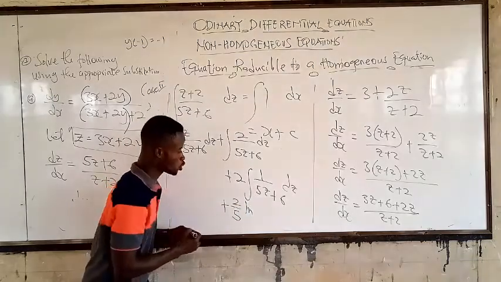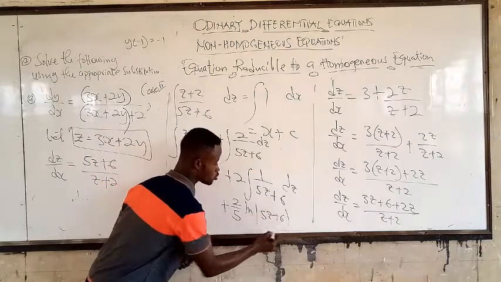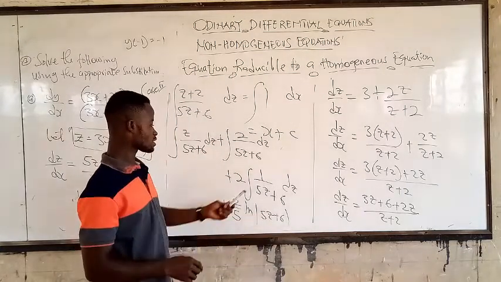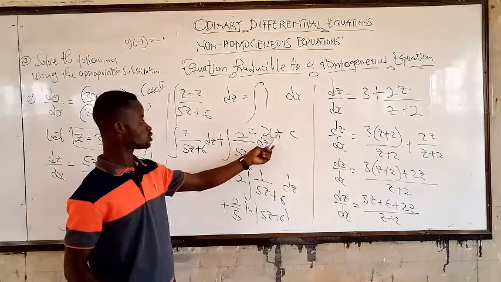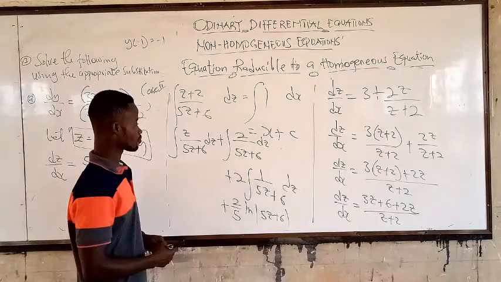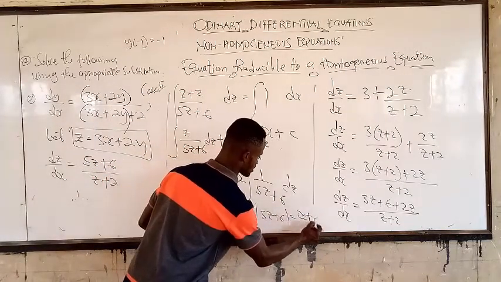So 2 over 5 means ln(5z + 6). You know your technique already. So the result for this side is equal to this, which is x plus c.